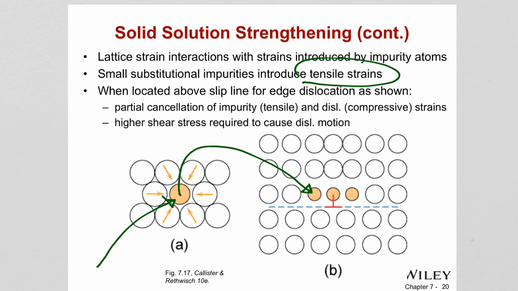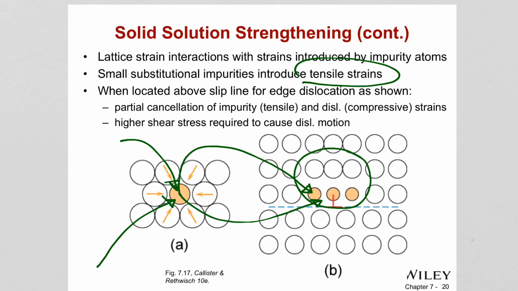Because above the dislocation we know compressive stresses are happening, and on the other hand the presence of small impurities causes tensile stresses. So the impurity atom will go and place itself on top of the slip plane to neutralize that tensile strain.